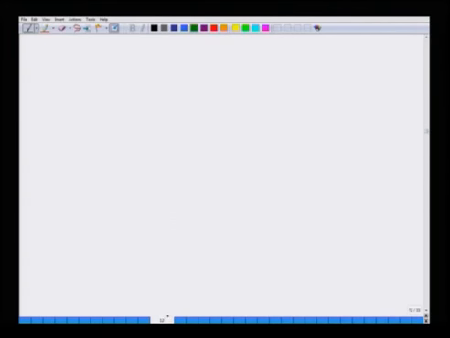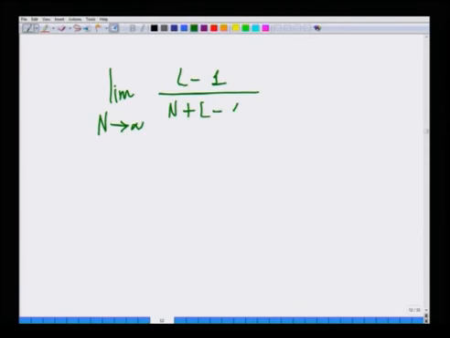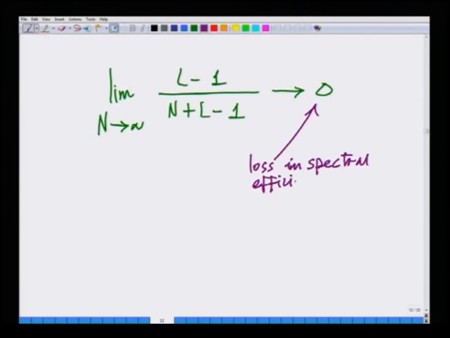So we can see the limit as n tends to infinity of L minus 1 divided by n plus L minus 1 tends to 0, which implies the loss in spectral efficiency approaches 0.